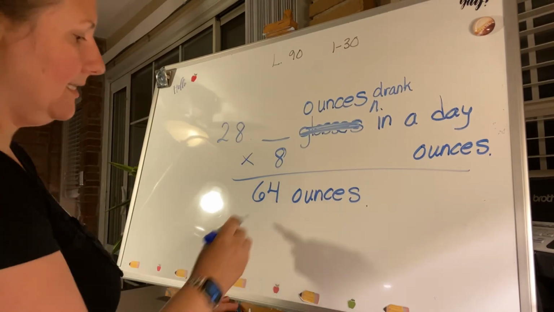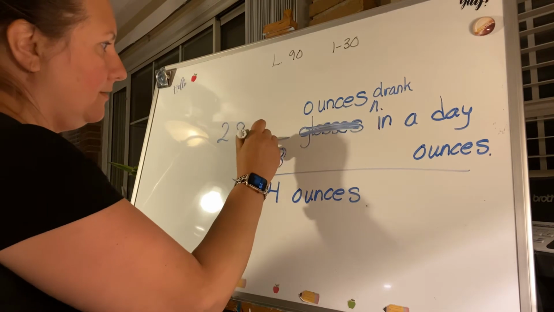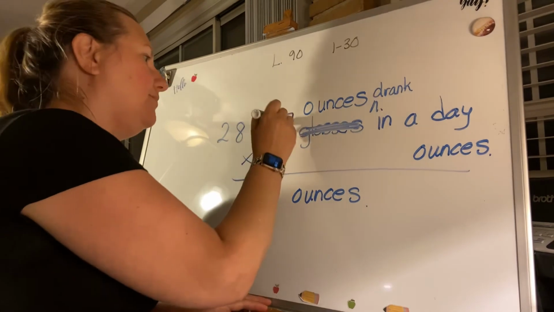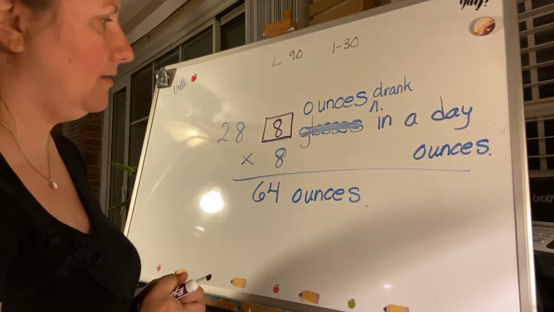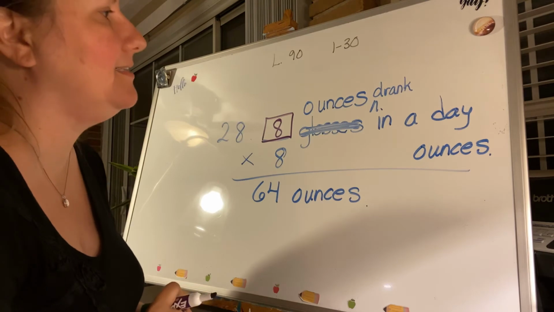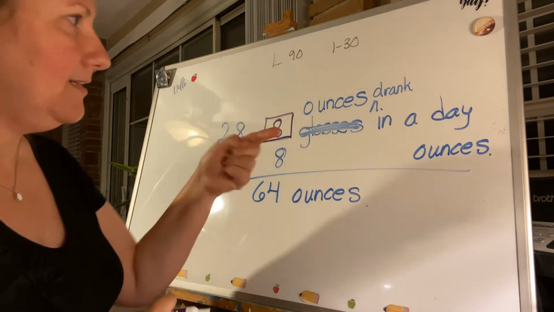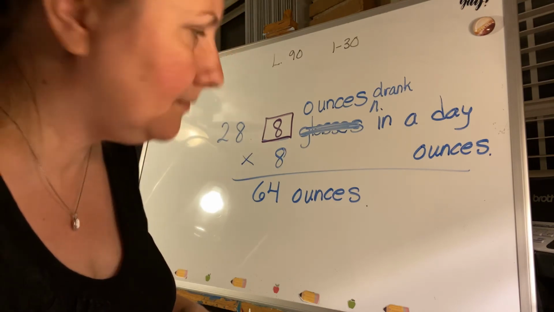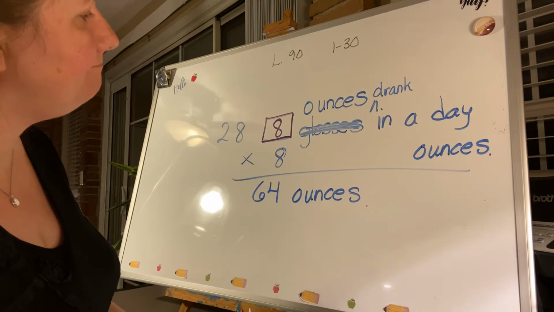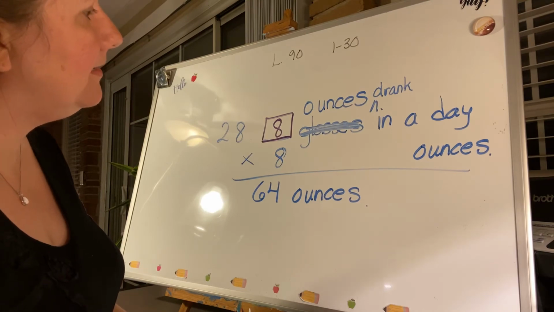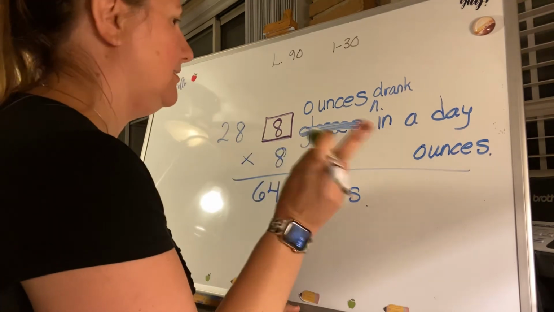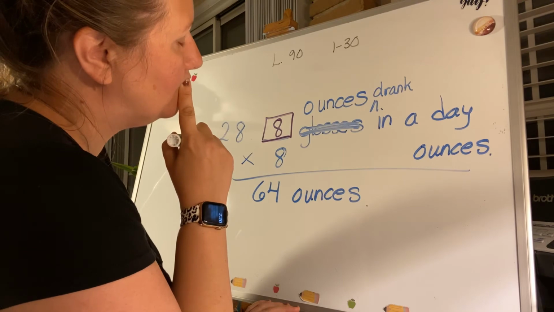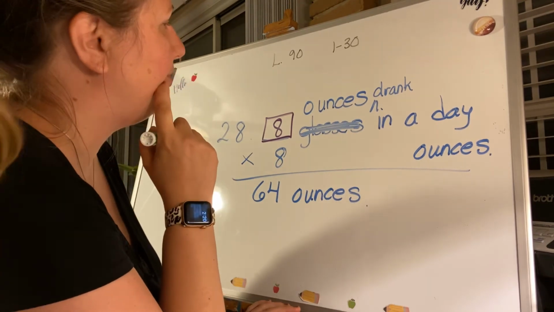Okay, so we see now that we have this problem where something times 8 is 64. Guys, I think we all know the number that belongs there is 8. So 8 ounces drank. No, it should have been glasses. Let's see. 8 glasses in a day times, yeah, I guess the words don't really work out very well on this one.